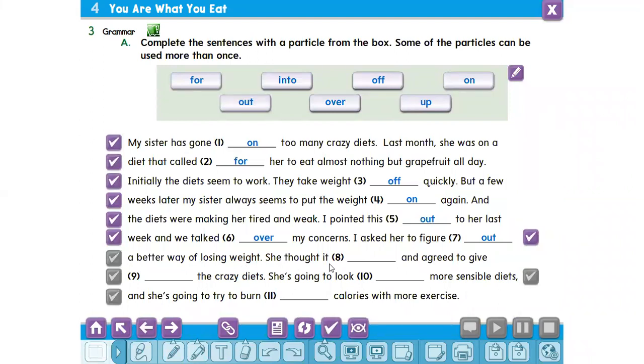She thought it over and agreed to give up the crazy diets.